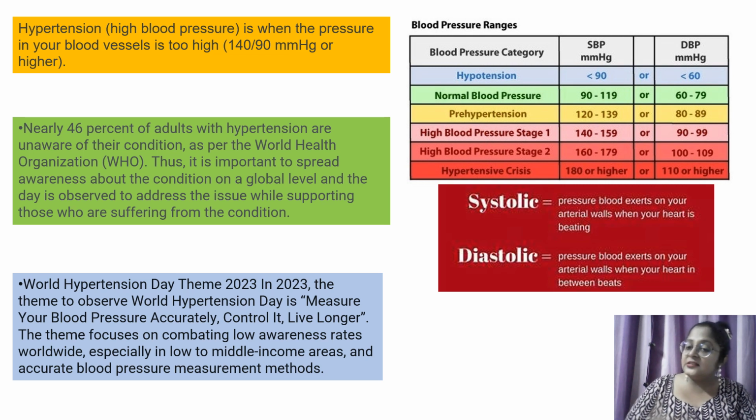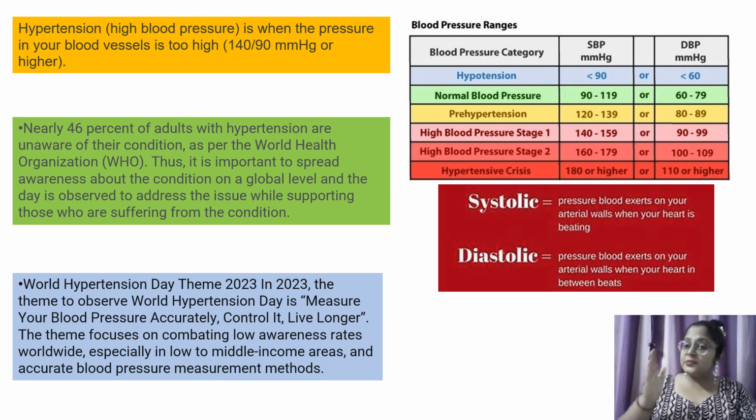Now, what is systolic blood pressure? Systolic blood pressure is the pressure exerted by the blood on the arterial walls when the heart is beating, and diastolic blood pressure is the pressure on the arterial walls when the heart is in between the beats.